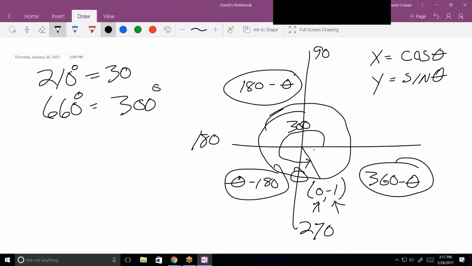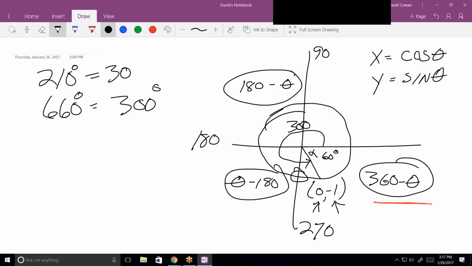And again, alpha is that angle right there, the one made with the x-axis. Well, what's alpha, based on this formula? 60? Uh-huh. So that angle is 60 degrees.